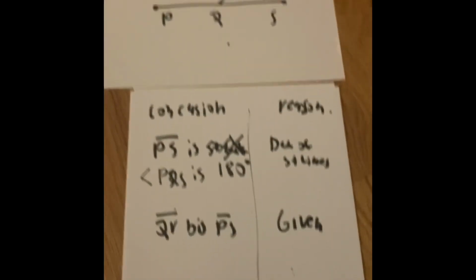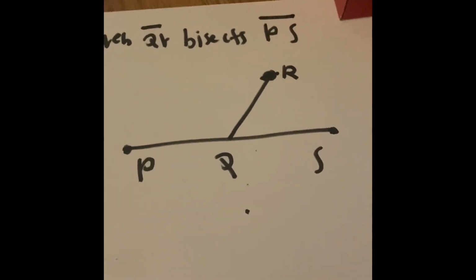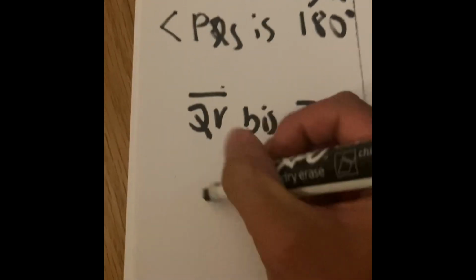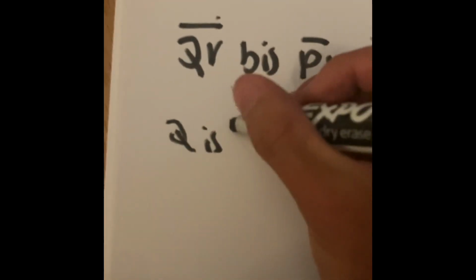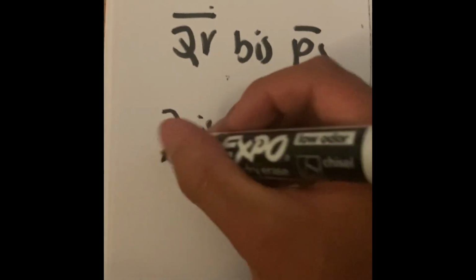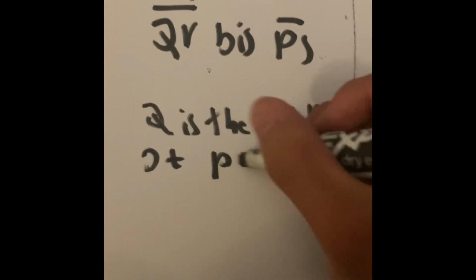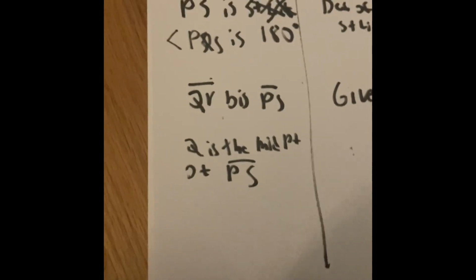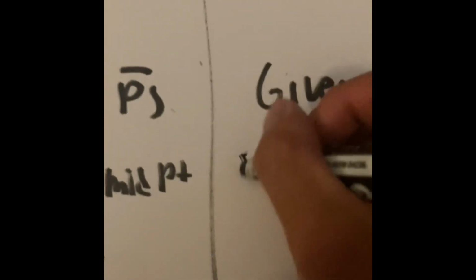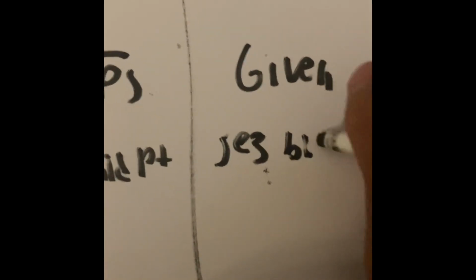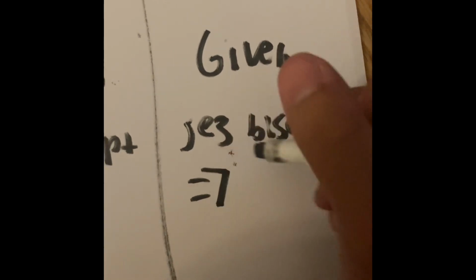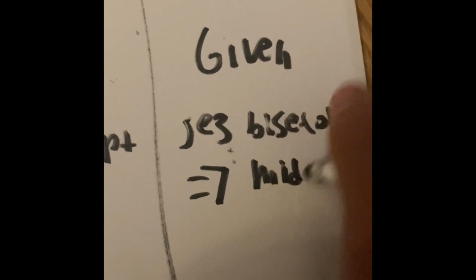And the other thing is, since it bisects PS, we can say that Q is the midpoint of segment PS. And what we're going to say is a segment bisector can bring you to a midpoint.